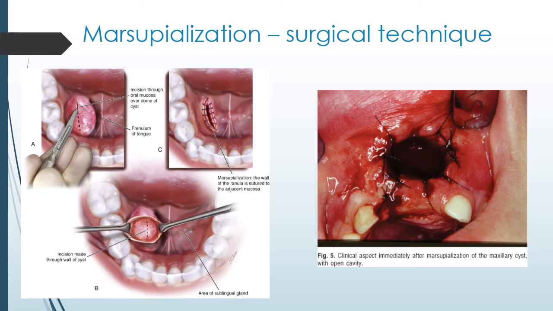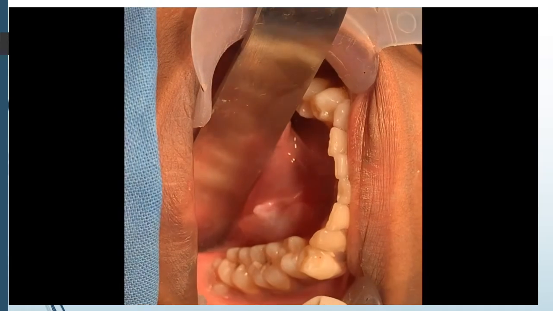Horizontal mattress sutures are used to suture the flaps. The cavity is packed with gauze, and then the pack should be changed at weekly intervals.